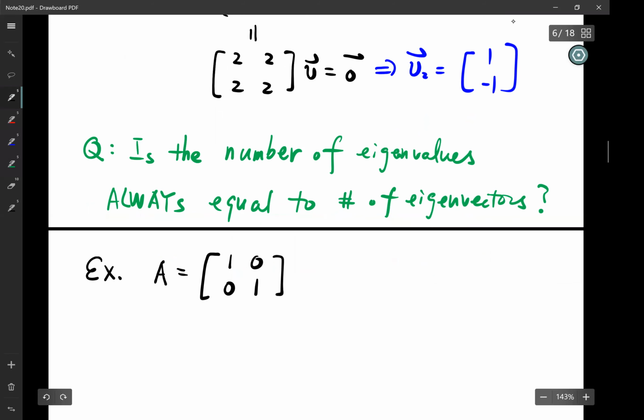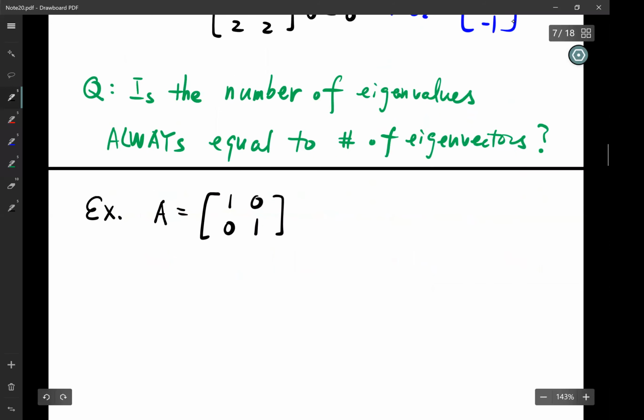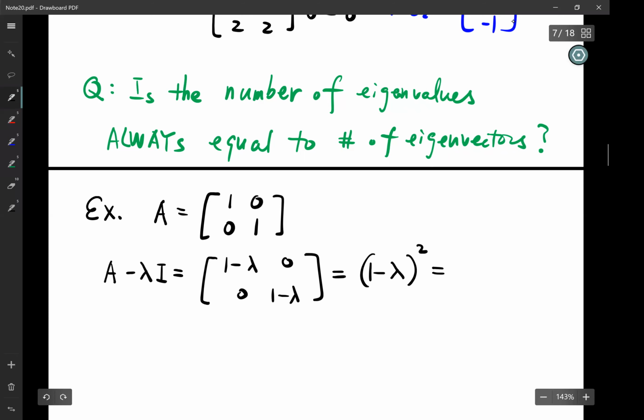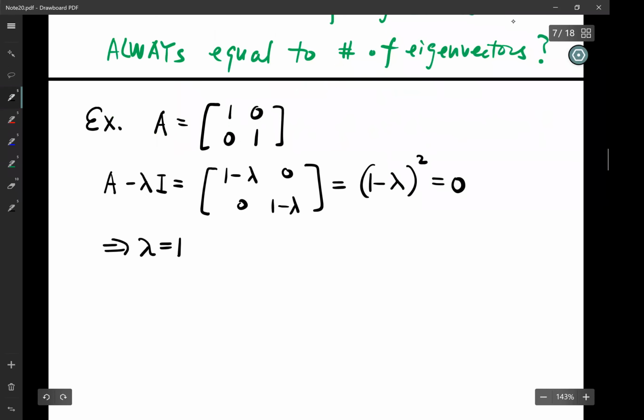Okay. So, I can just apply the same method above, but let's just apply the method above to be absolutely sure this is true. So A minus lambda I, so this is 1 minus lambda, 0, 0, 1 minus lambda, this is 1 minus lambda squared, and this is equal to 0. We found that I only have one eigenvalue, and what are the eigenvectors that are linearly independent?